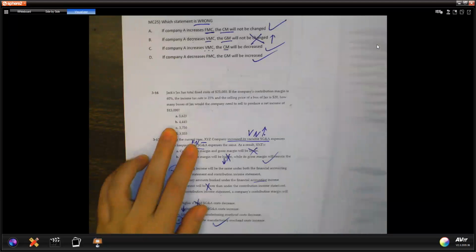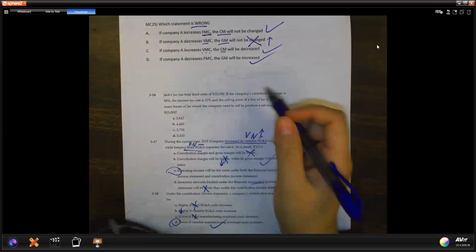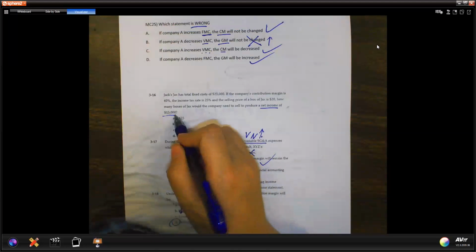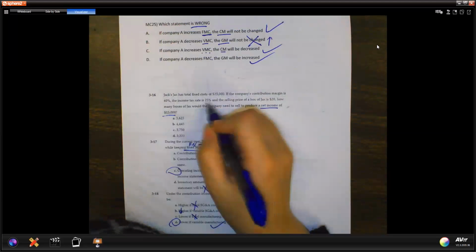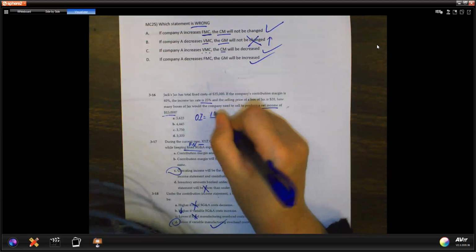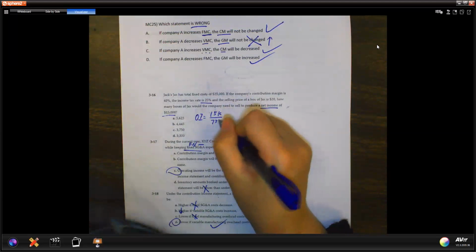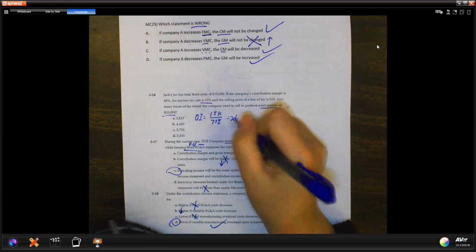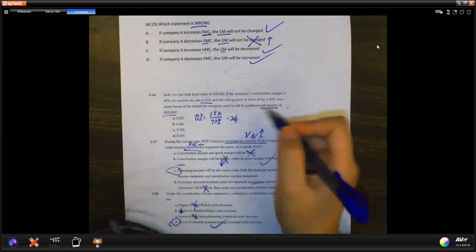We have one more question here, to get a net income of this. Now it told you the tax rate specifically, so you need to know this net income means your operating income is 15,000 divided by 75%, right? 1 minus your tax rate. So that gives you 20,000. And then how many units do you need to sell?